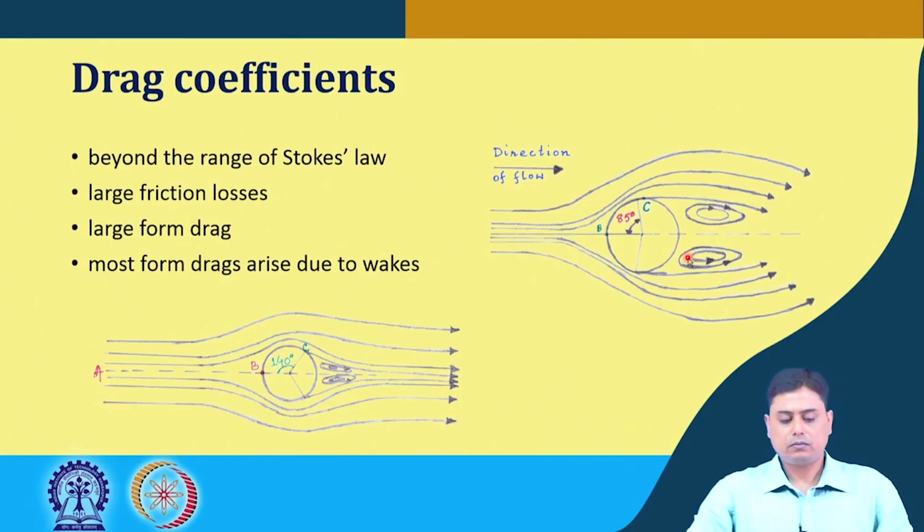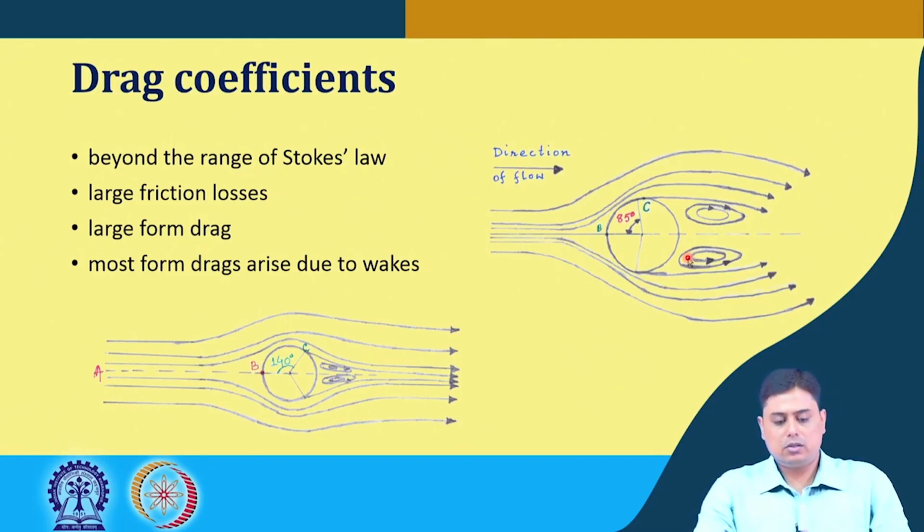So we can understand the applicability of Stokes' law, and the reason for its limit: in these cases flow separation happens and you get larger frictional loss and larger form drag, and we have seen both examples of laminar as well as turbulent flow conditions.